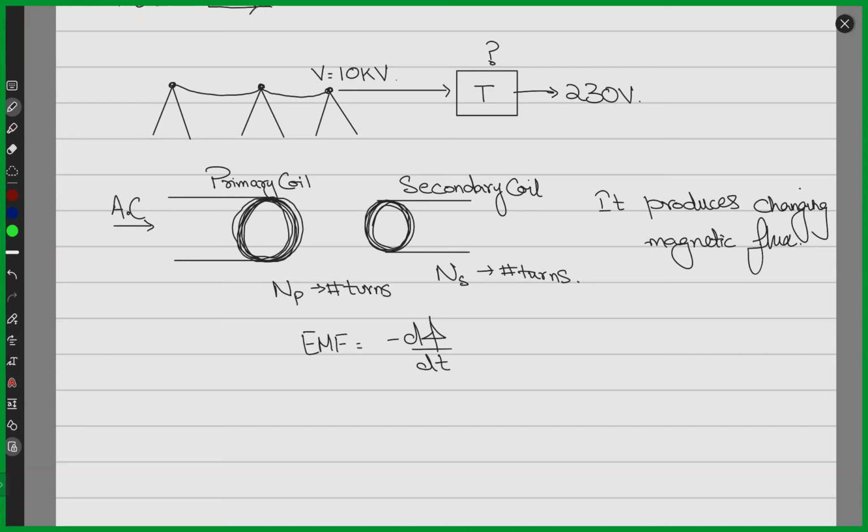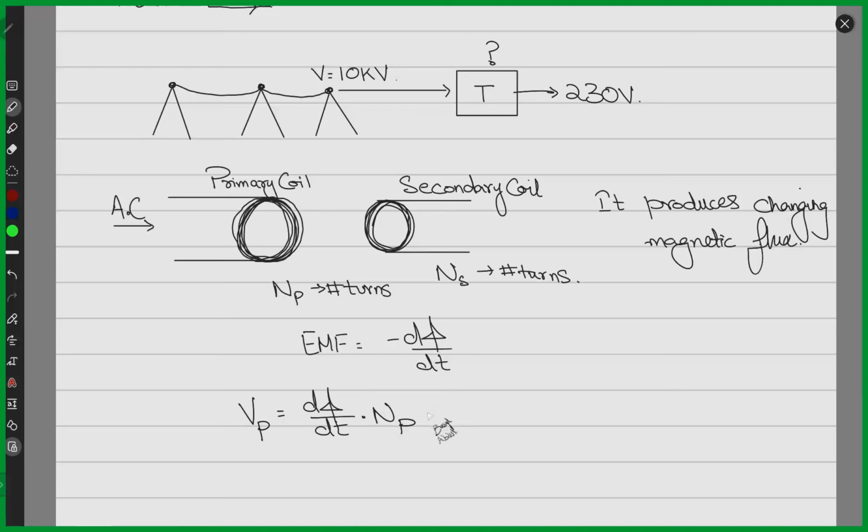Which means that I can write down the EMF for the primary coil and the secondary coil as, so Vp, the potential or the EMF induced in the primary coil, is going to be minus, the absolute value of the potential drop will be, d phi by dt times the number of turns NP, right?